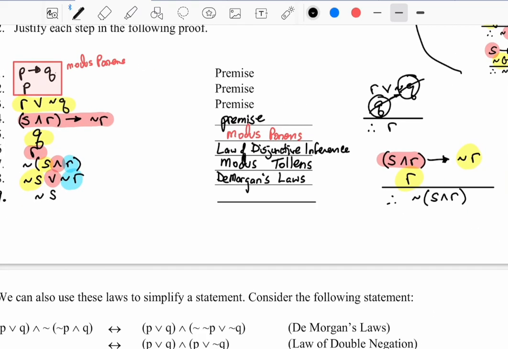So off on the side here I have not S or not R. Well, I want to be able to cancel that not R so that I'm left with just an S. I can cancel the not R because I have an R here. So if I put those together, I'll get a not S. And that's disjunctive inference again.